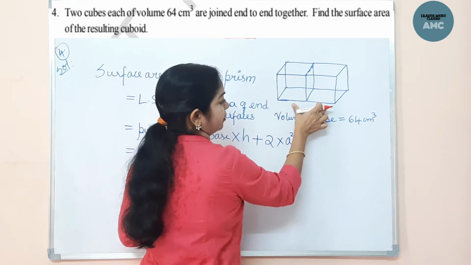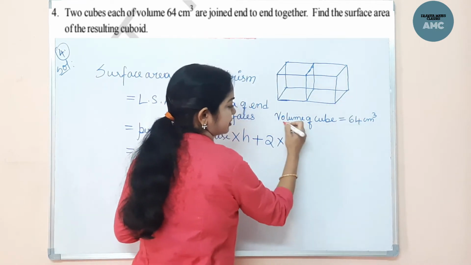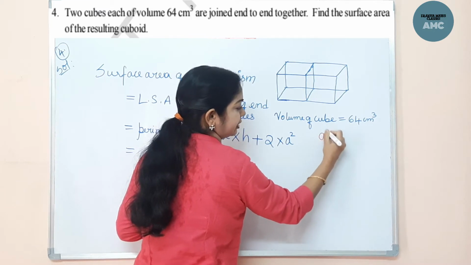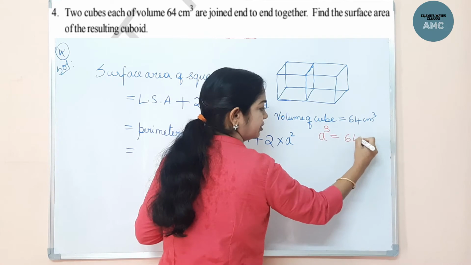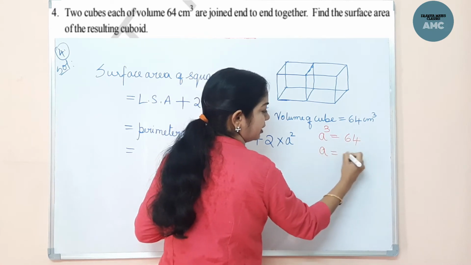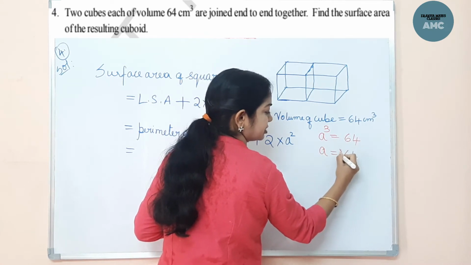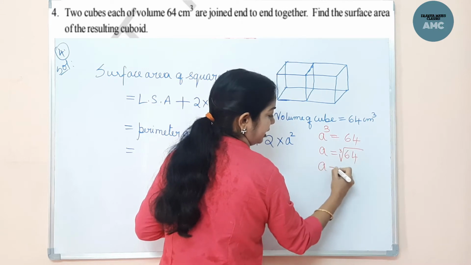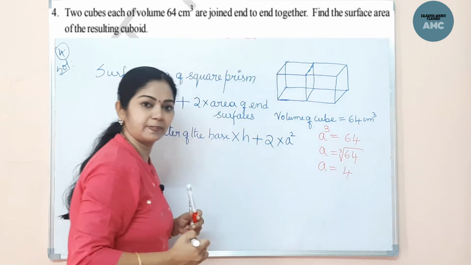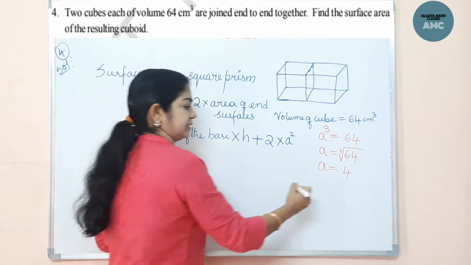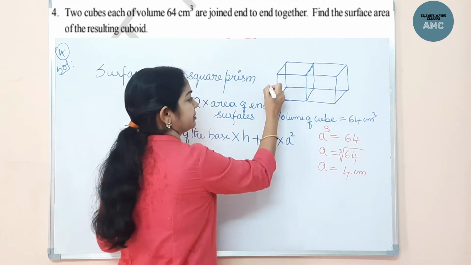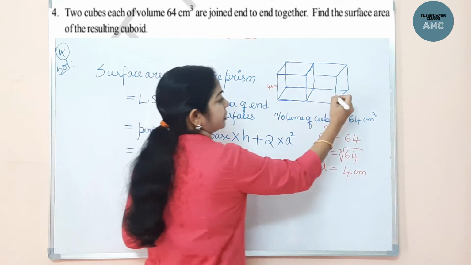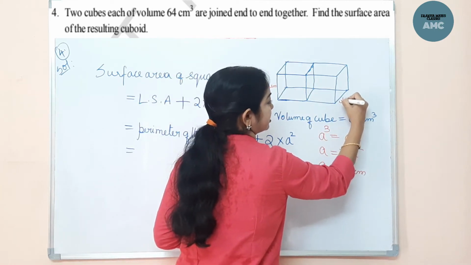The volume of a cube is a cube, which is 64. That means A is the cube root of 64, which comes to A equal to 4. Right, 4 centimeters, where A is the side. So this side is 4 centimeters, and this height is also 4 centimeters.